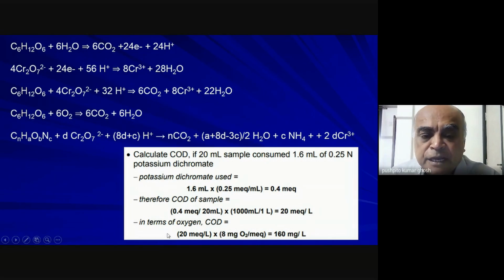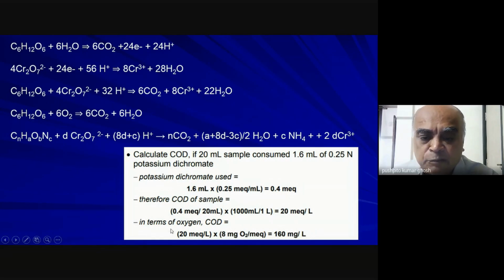and that's equal to 20 milliequivalent per liter. If I want to now express it in terms of oxygen equivalent, then I know that 1 milliequivalent per liter of oxygen means 8 milligram oxygen per milliequivalent. So I'll take 20 multiplied by 8, and that will be 160 milligram per liter of oxygen.